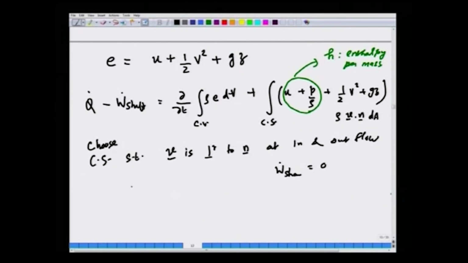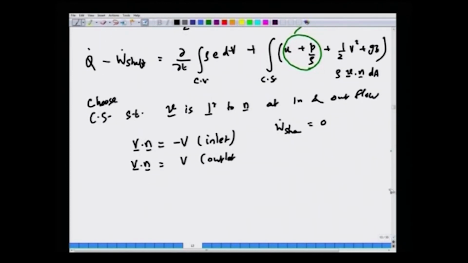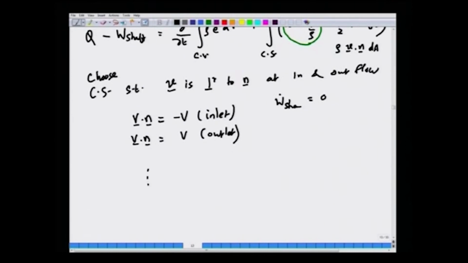That is, at the inlet V dot N is minus V, and V dot N is V at the outlet. So, you should always choose your control surface such that the velocity vector is exactly perpendicular to the control surface, so that there is no component in the direction parallel to the surface. That is something we can always do when we choose our control surface.